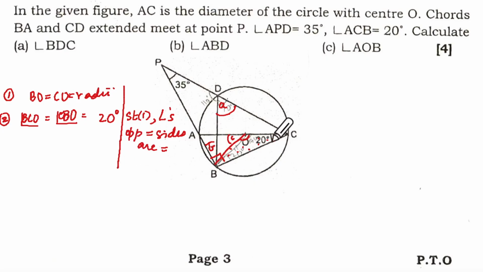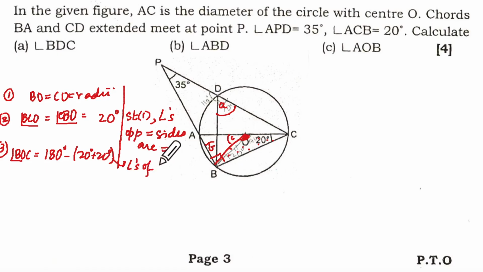Understanding. Now we are interested in this angle over here. How much is angle BOC? Angle BOC will be equal to 180 degrees minus (20 degrees plus 20 degrees). What have I made use of?